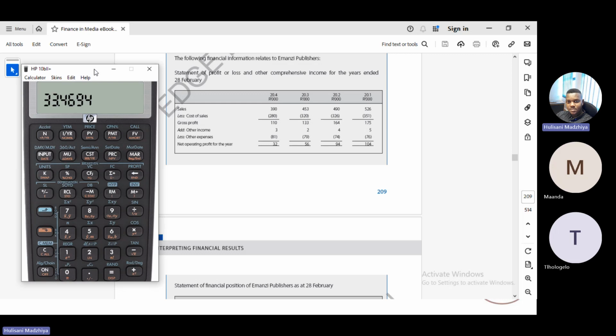So this means that cost of sales accounts for 67% of sales, and therefore the profit that is realized after that is only 33%.